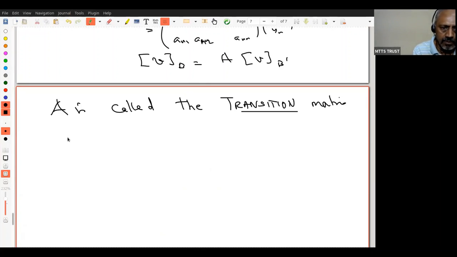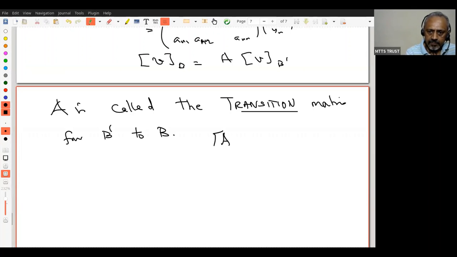It is a transition from the basis B dash to the basis B. Remember, when I say basis, I mean ordered basis. So we will write it as A_B'B. This means it is the transition matrix from the basis B dash to B.